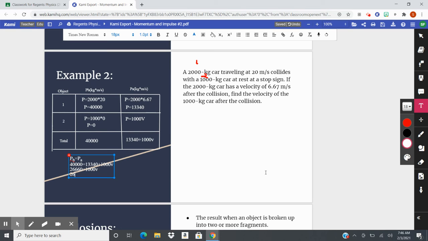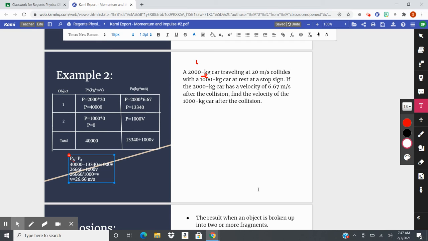Let's divide by 1,000. Dividing by 1,000, that's going to equal v. We are left with v equals 26.66 meters per second. And there you go.